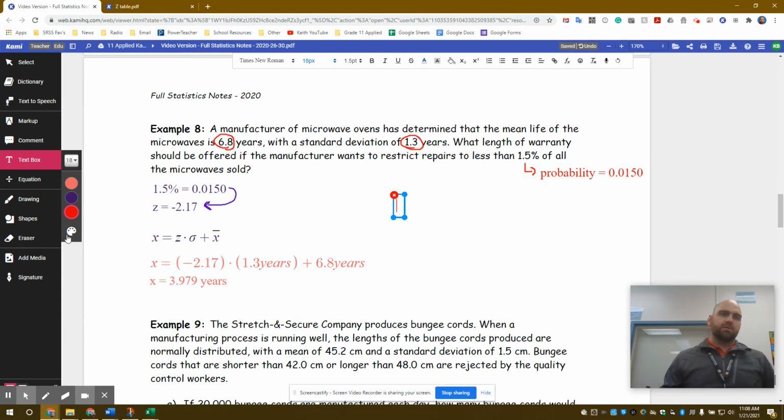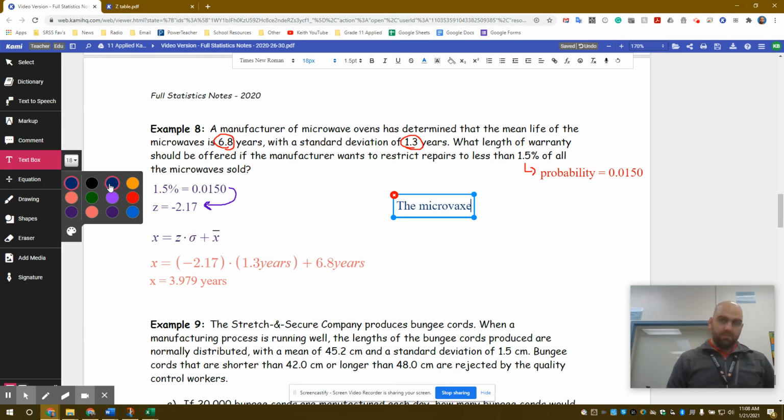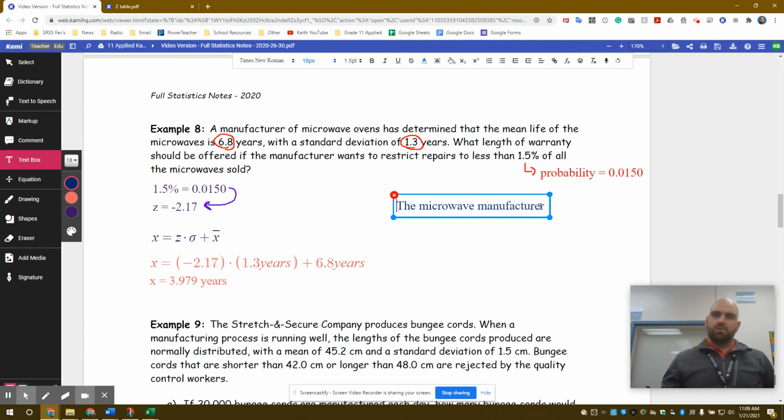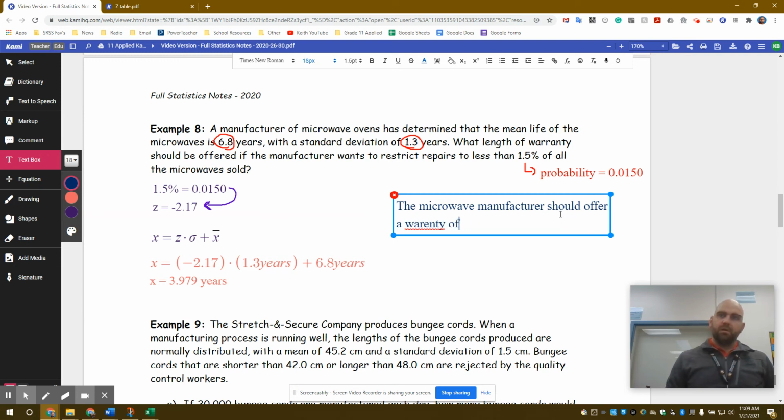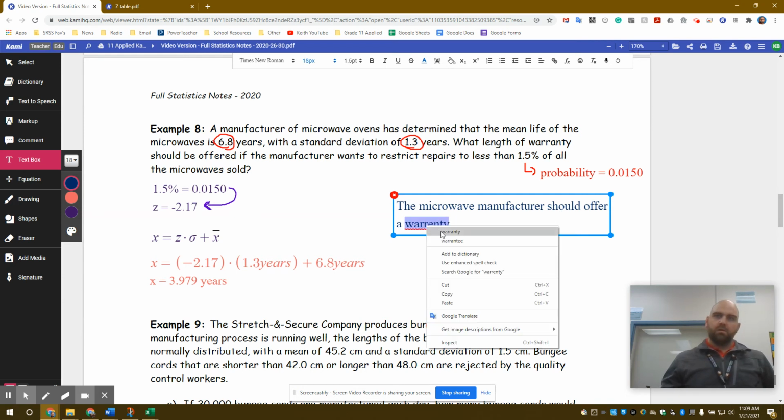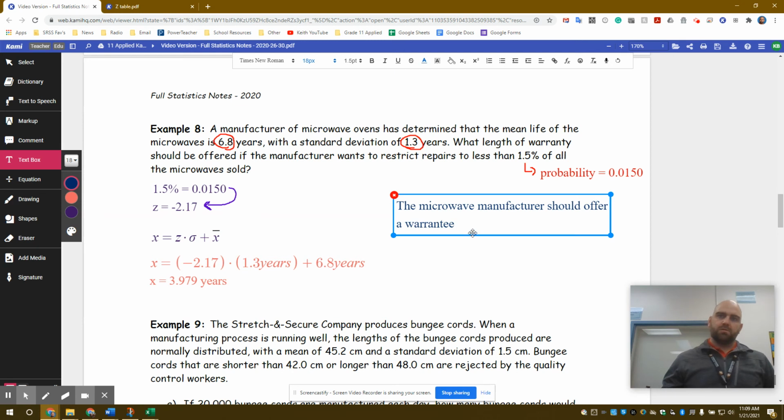So it means that the microwave manufacturer should offer a warranty of less than 3.98 years. I'm going to use a different color here, and try to spell it right.